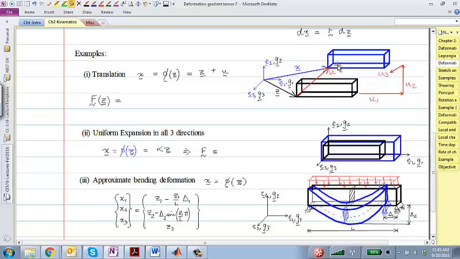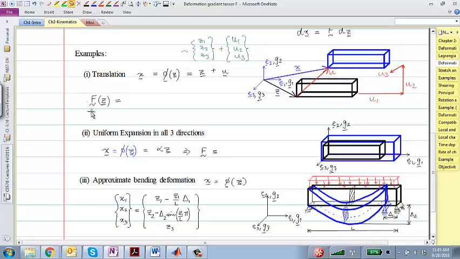So for this particular translation map, this z can be represented as z1, z2, z3, plus a constant vector u1, u2, u3. Constant vector means the components u1, u2, u3 do not depend upon z. We are adding the same thing.